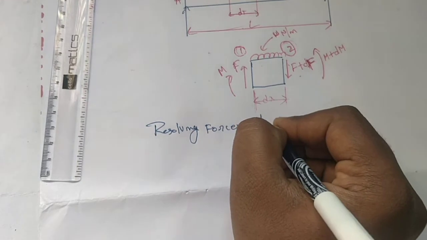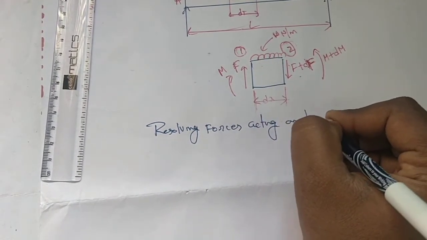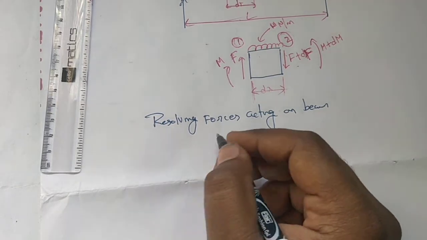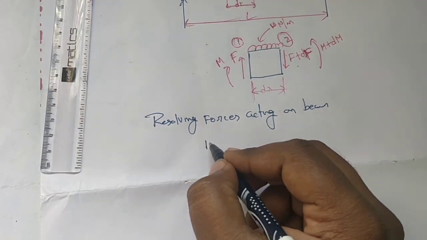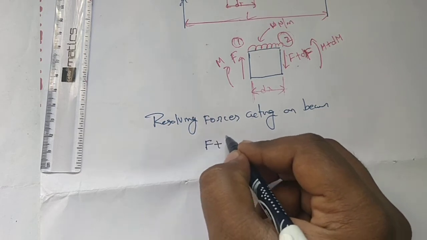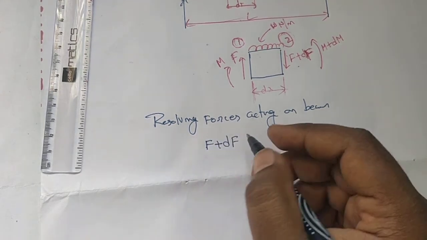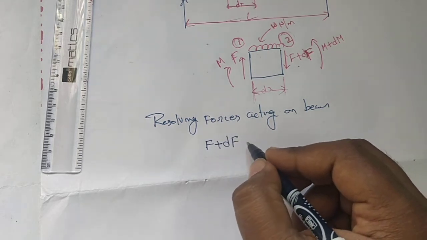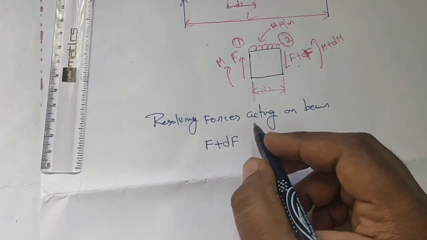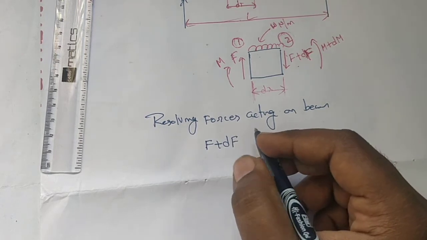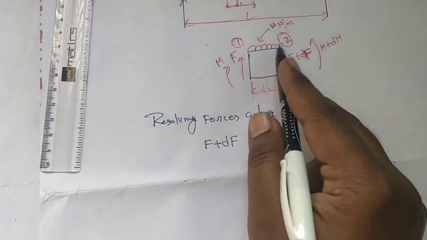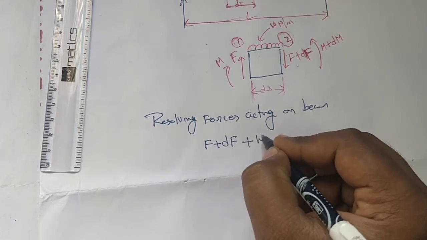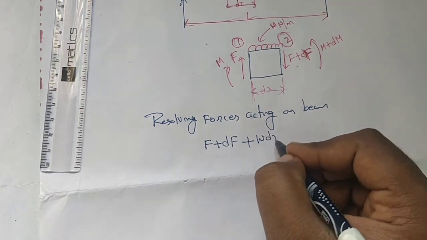Forces acting on the beam equal to, from the right side, F plus dF acting downwards, which is taken as positive. We do not consider the moments during the calculation of forces. Next, the downward UDL with intensity W gives plus W into dx.